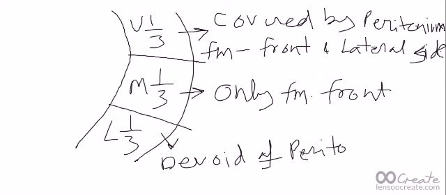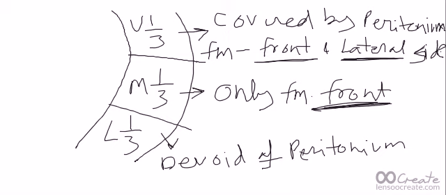So upper 1/3 is covered by peritoneum from front and lateral side, the middle 1/3 is covered by peritoneum only from front, and the lower 1/3 is completely devoid of peritoneum.